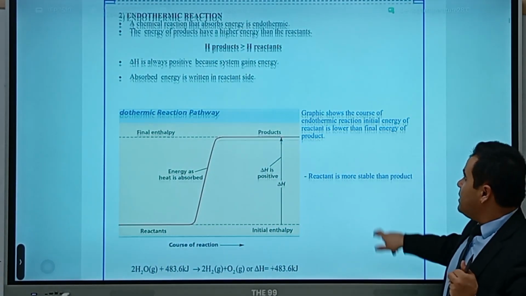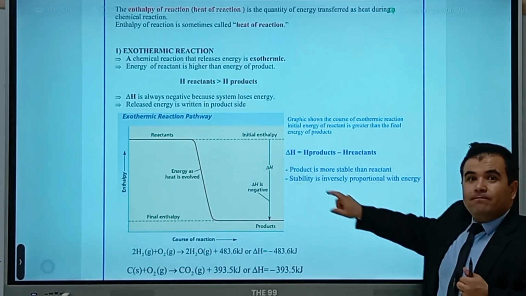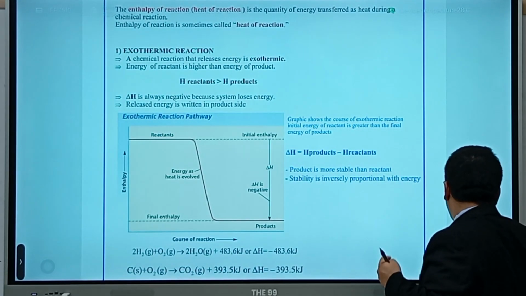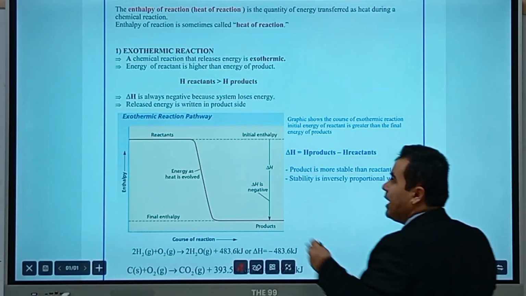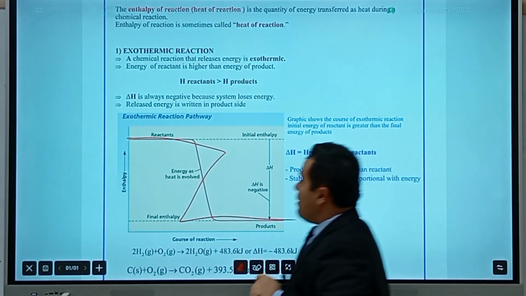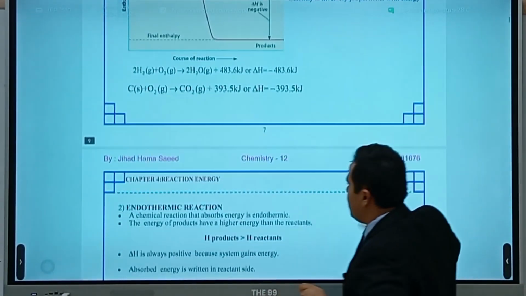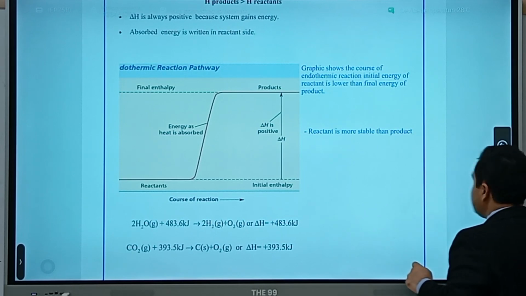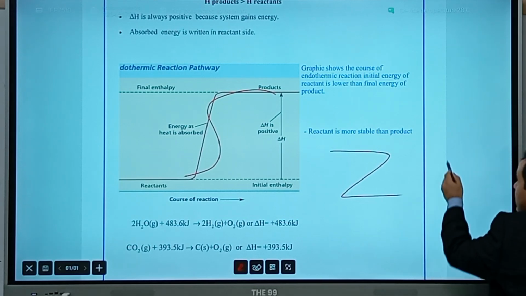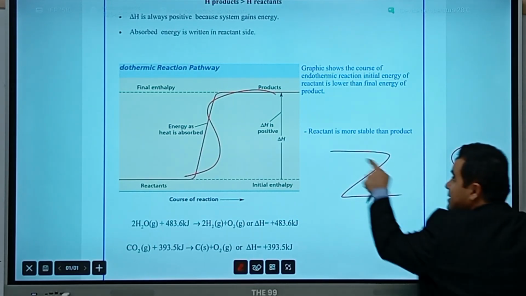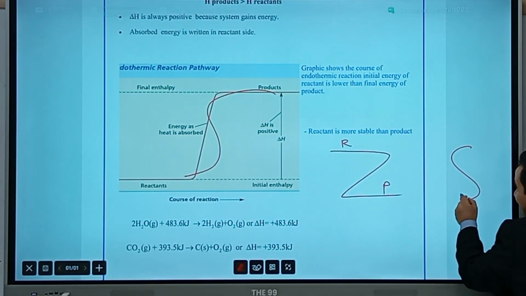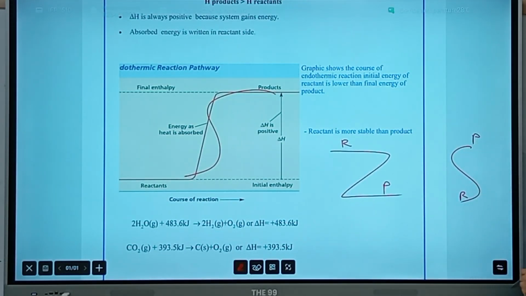Or, to not forget, guys, the shape of the graph of exothermic is just like a Z, okay? A Z. But the shape of the endothermic is just like an S. So, if it's Z, if it's S: reactant, product.